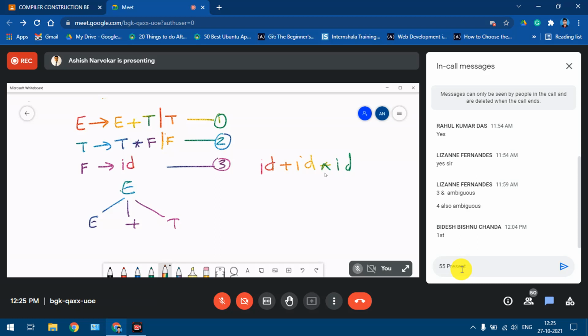I need to get id plus id into id, right? So let's see whether E can be expressed in some other form such that we reach this particular point, id.